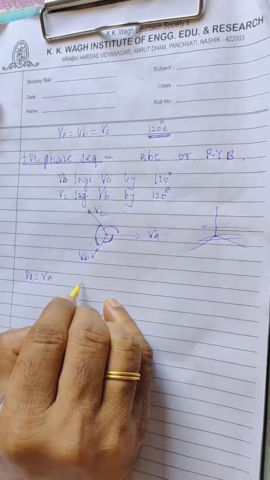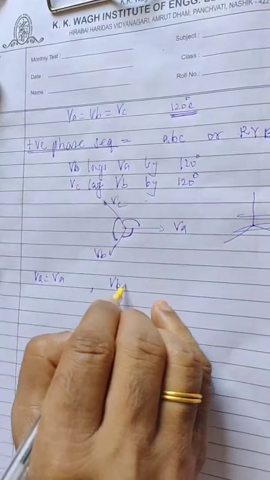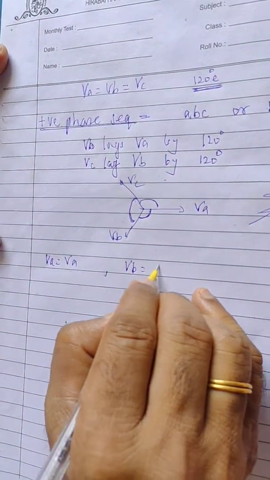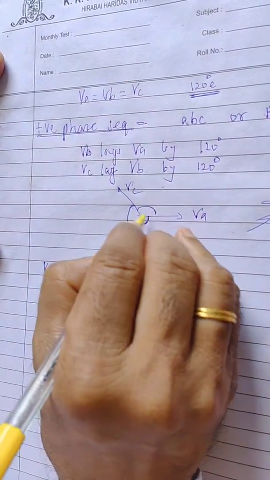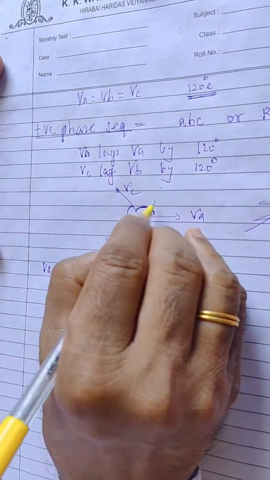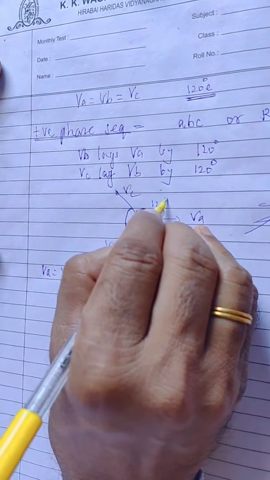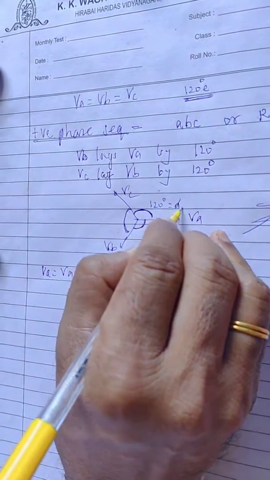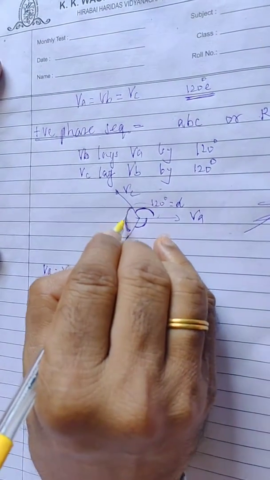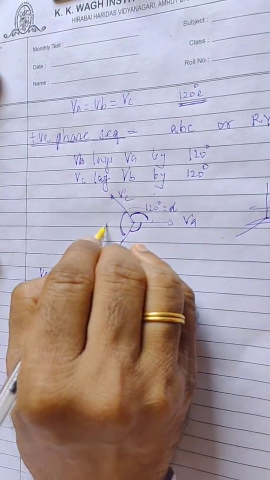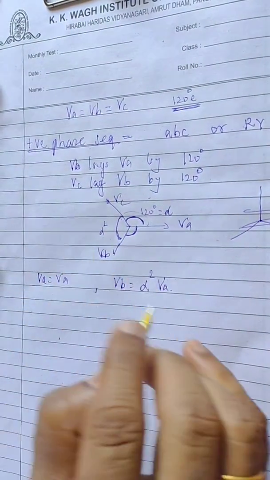So VB will be equal to alpha square VA. This is 120 degrees from VA, nothing but alpha. This is 240, nothing but alpha square.